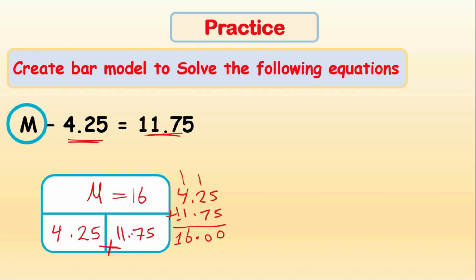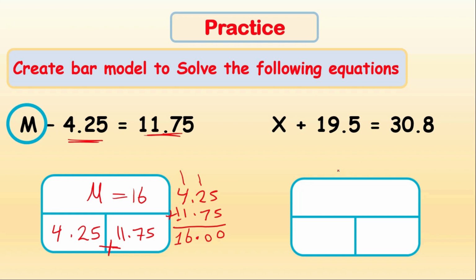To solve a bar model easily, we have to put the greater number in the greater part, and then add or subtract. Another example: x plus 19.5 equals 30.8, using a bar model.